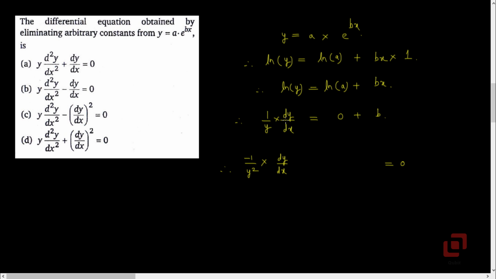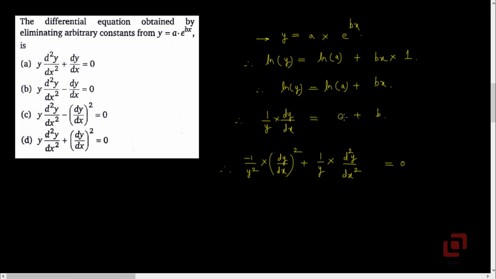But as we have the second term as dy by dx itself, it will be square of dy by dx plus 1 upon y, which is the first function, into derivative of dy by dx, which is d2y by dx squared.